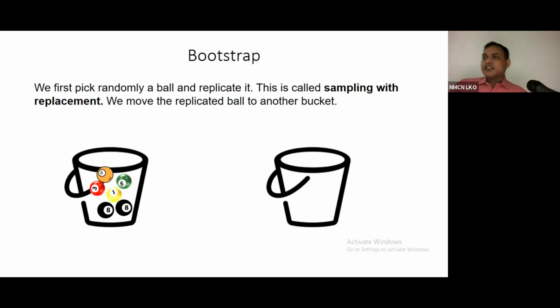This process is known as the sampling with replacement method. It means we pick one sample or data point randomly, replicate it, and put it in the empty bucket.